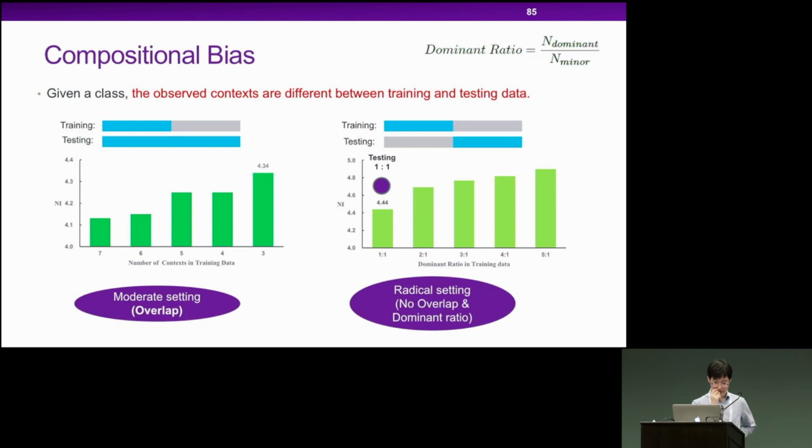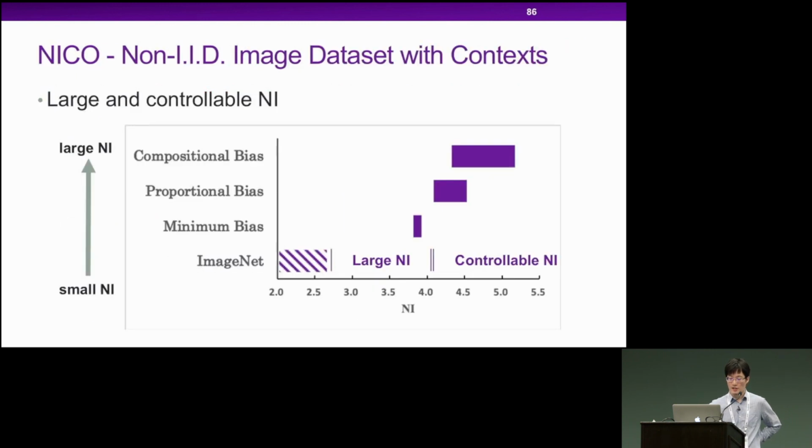Finally, you can see the summary. For ImageNet, the NI range is between 2 and 2.5. And for the minimum bias, proportional bias, and compositional bias, we can gradually increase the bias and generate a larger NI.